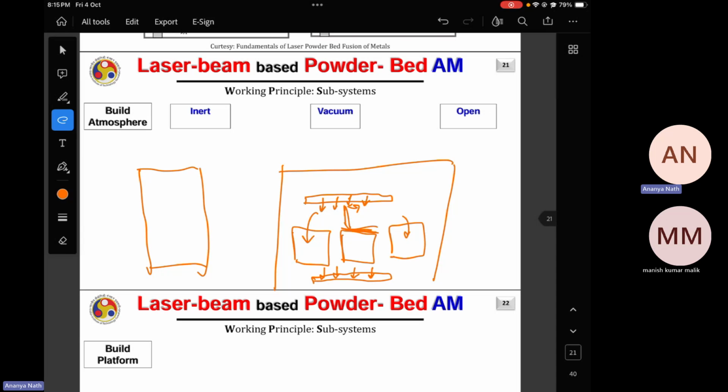So the argon which is going outside doesn't just go outside. There will be a pipe, maybe multiple pipes, that come to a filter system. These are some paper filters. There will be a fine filter and a coarse filter. First they go to a coarse filter, and then they go to the fine filter.